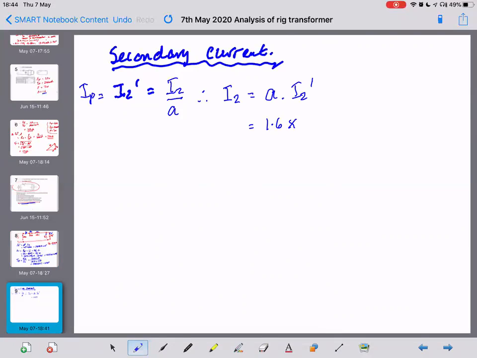So that's 1.6 times that current we just measured or calculated, 0.263 angle minus 4.34 degrees equals 0.421, and then the same angle, angle minus 4.34 degrees. So that's our secondary current we can use for comparison.